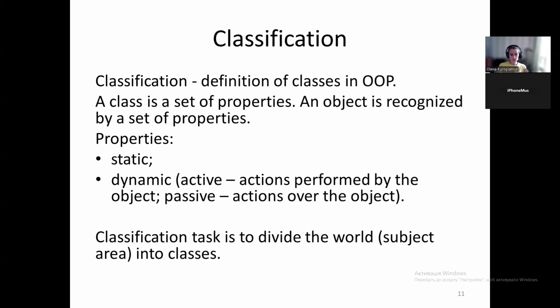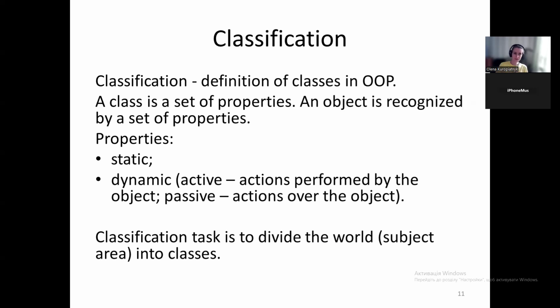You can use static and dynamic properties. The example of static properties is: I'm a human and I have an age. It's a static property. I have eyes. The color of my eyes is gray. It's a static property.